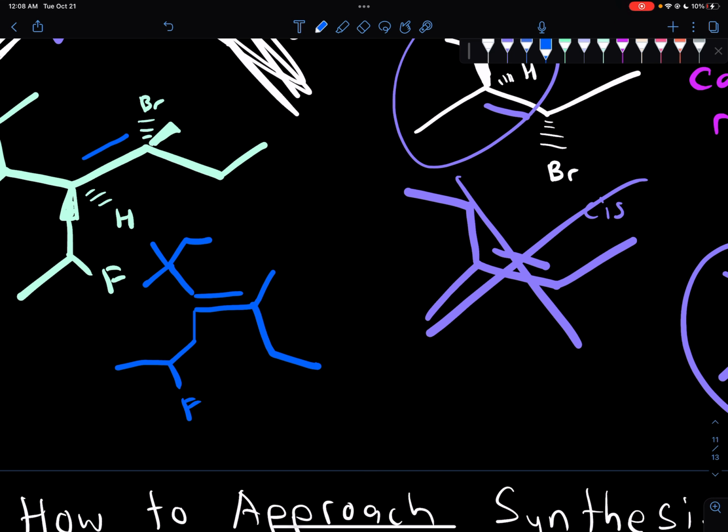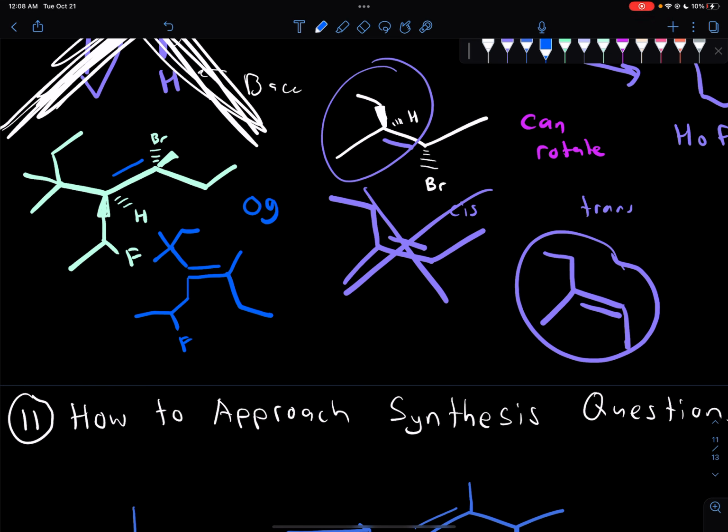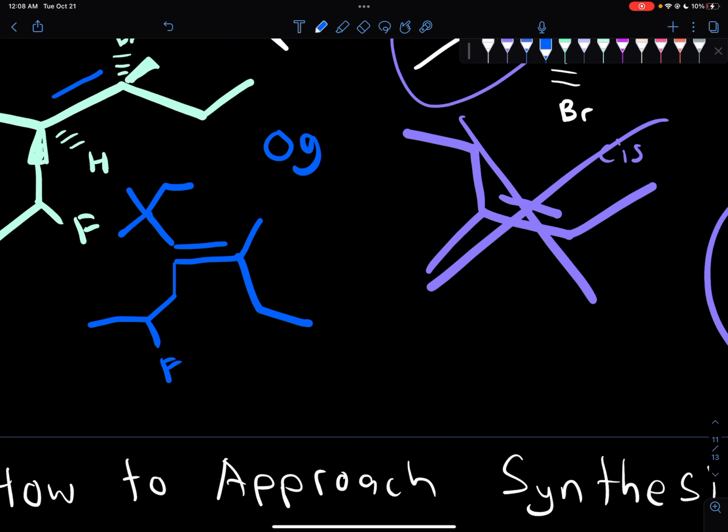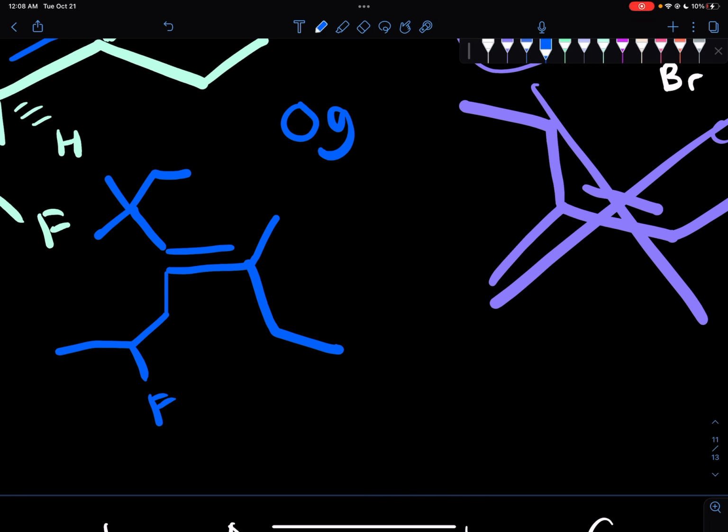This is once again the original molecule, not the correct one. On the right side, this is the larger or higher priority substituent. On the left side, you have carbon and carbon, and then this carbon is bonded to 3 carbons, whereas this one's only bonded to 1.